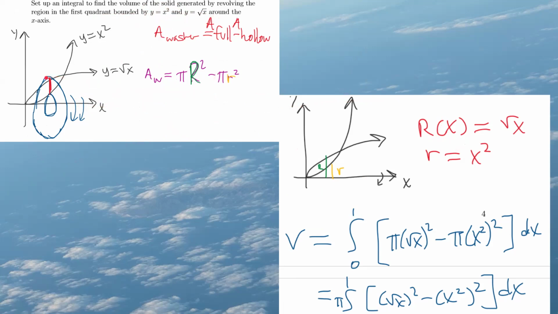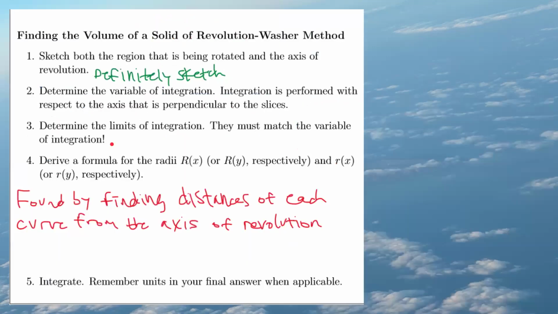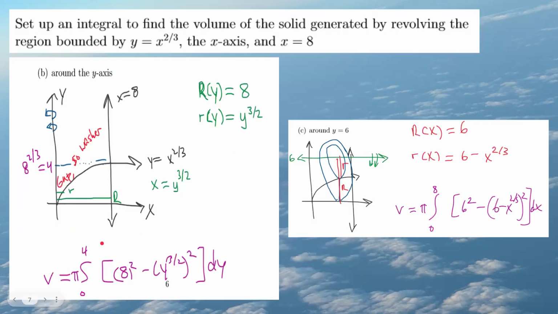It doesn't have to be exact unless your professor requires it, but it just has to generally look like what it is. Then you figure out what big R of x and little r of x, or R of y, are, depending on what you're spinning around. And then you just do what I did.